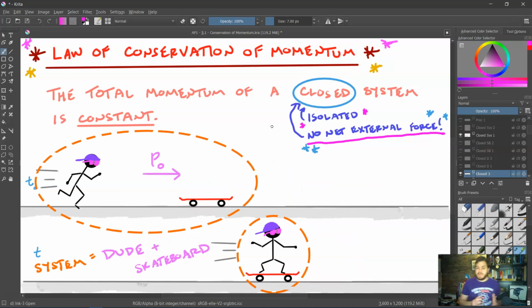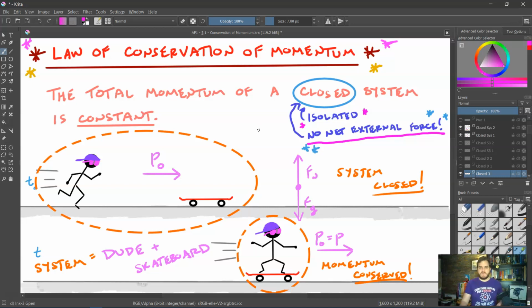Alright, so you probably already have a guess on where we're going next. Let's say our system is both the dude and the skateboard. Initially it has some momentum to the right because the skateboard's not moving and he's moving to the right. When he jumps on the skateboard, what are the forces on this system now? We're going to have gravity going down and normal force from the earth going up on both him and the skateboard.